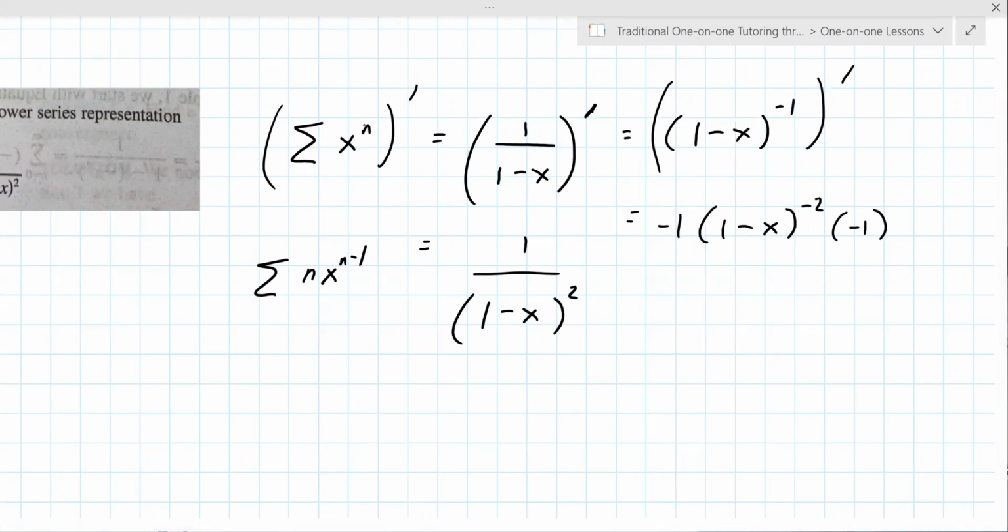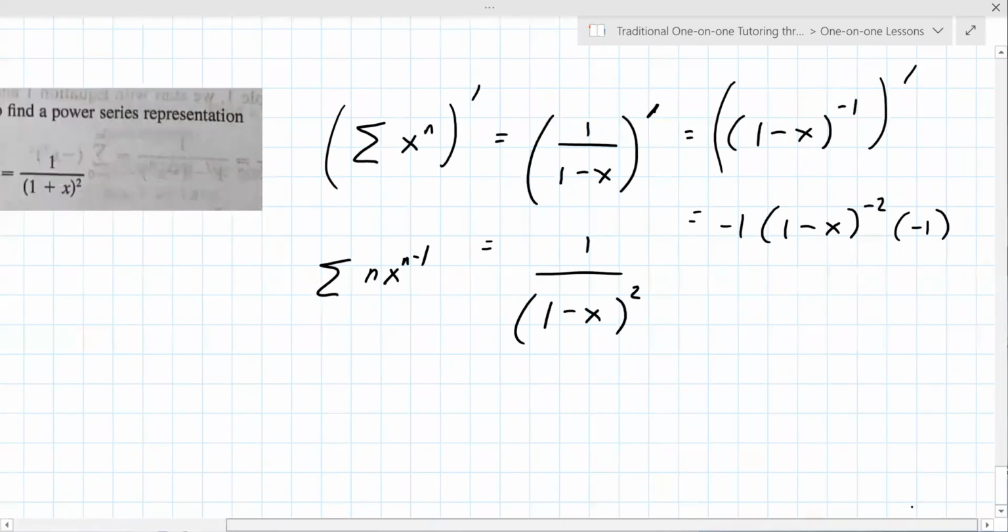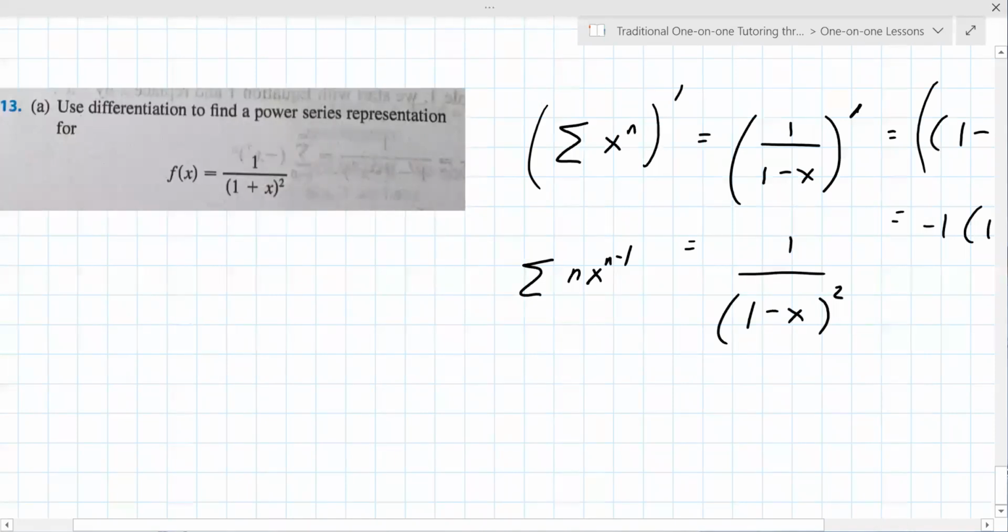Well, what you could do in your problem is recognize that this is the derivative of, let's say you started with 1 over 1 plus x and you take the derivative of this.